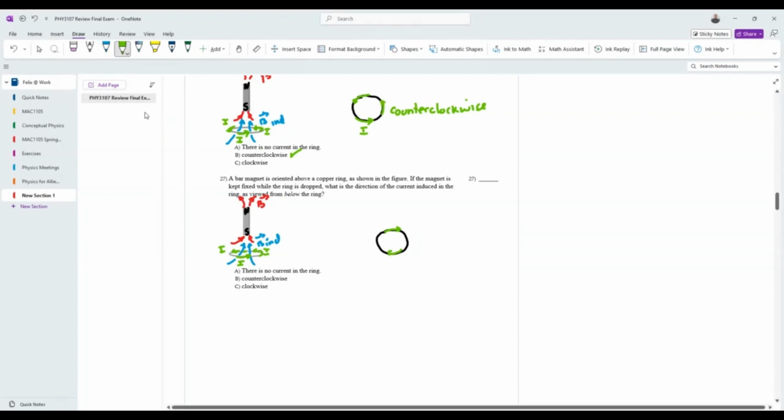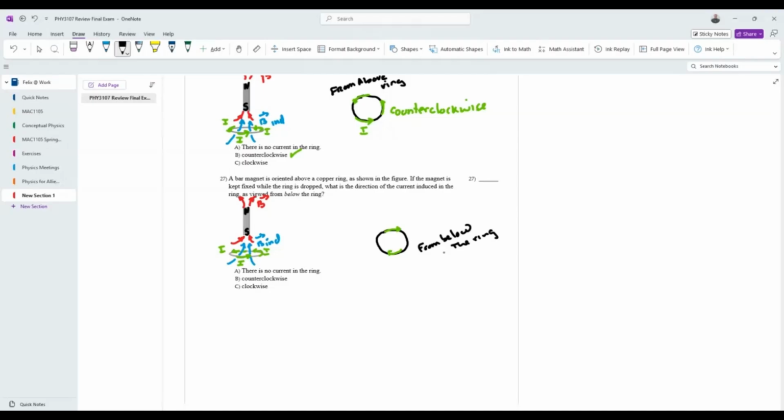So this first case here was from above. And now here is from below the ring. So you can see the current now is clockwise.